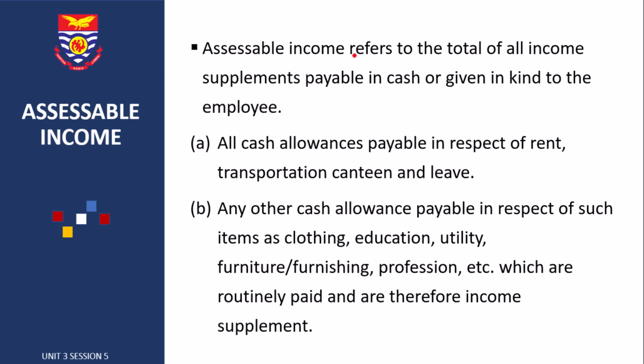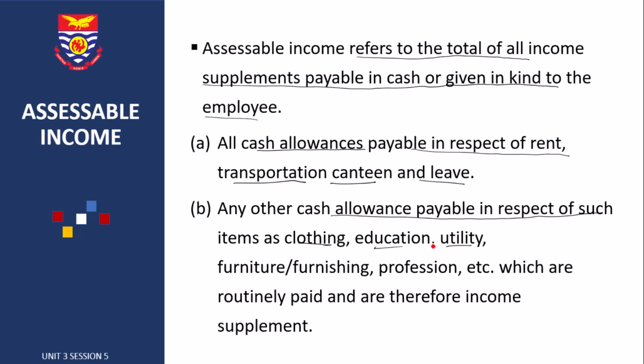Accessible income refers to the total of all income supplements payable in cash or given in kind to the employee. It includes cash allowances payable in respect of rent, transportation, canteen, and leave. Other cash allowances payable in respect of clothing, education, utility, profession, etc., which are routinely paid and are therefore income supplement.